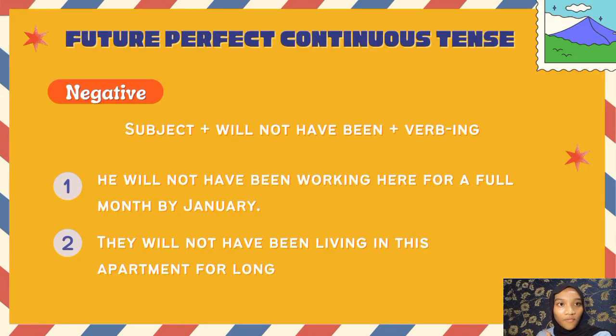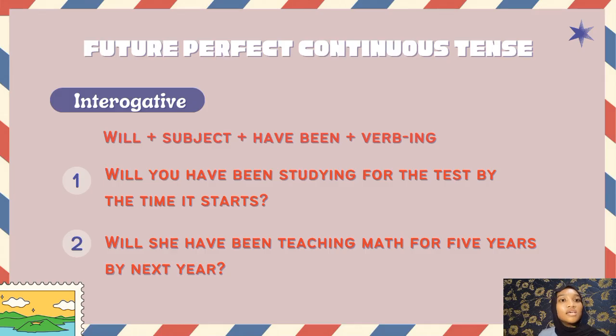For the negative forms, the formula is subject, will, not, have, been, and verb ing. For the interrogative forms, the formula is will, subject, have, been, and verb ing.